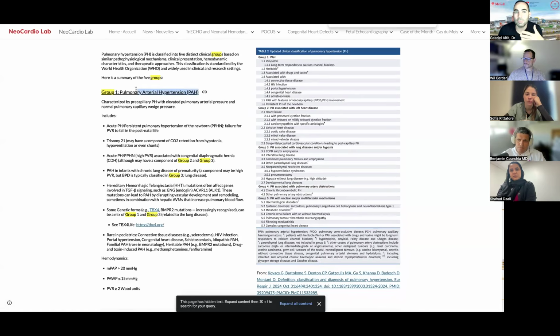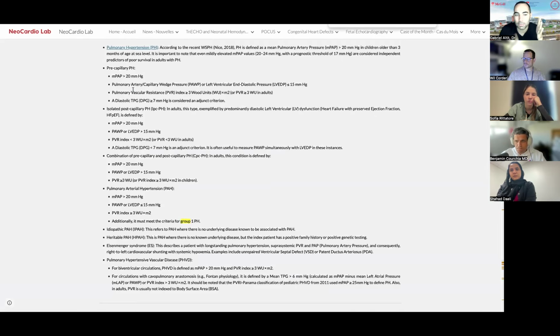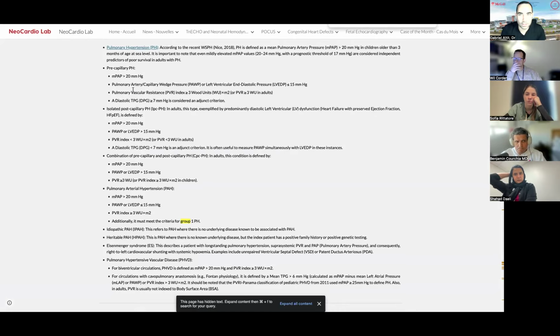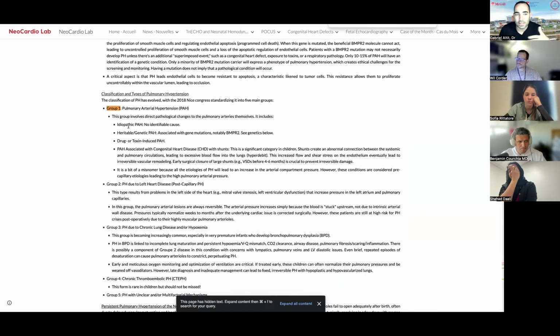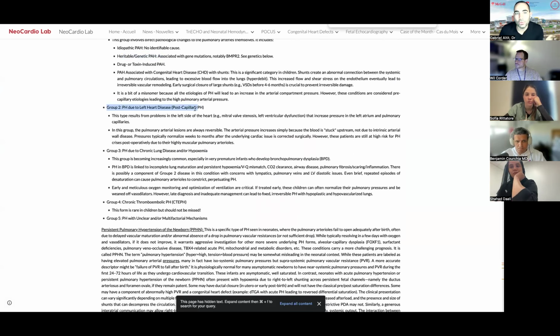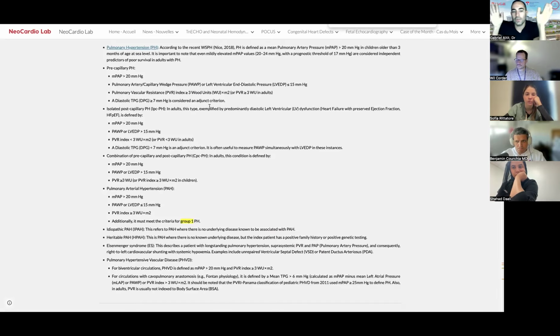So group 1 being this pulmonary arterial hypertension phenotype, which in the newborn would be something like acute pH, PPHN, these kinds of diseases that are heritable, that are increasing PVR. And when we talk about group 2, it's really this post-capillary or left-sided heart conditions.